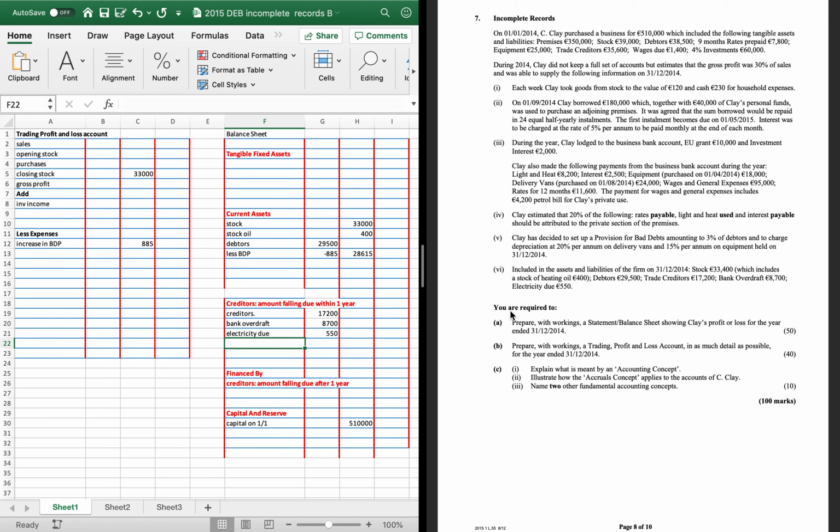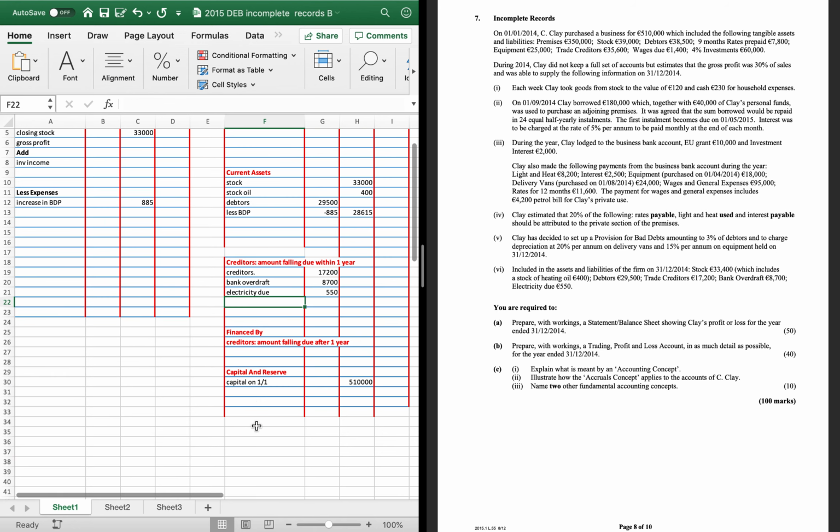So from there, we go back up to the top and we'll start working out our goodwill as our first working. The amount we paid for the business is 510. So it is the 510, and its value is the assets minus the liabilities. So we've got 350. Premises is an asset.